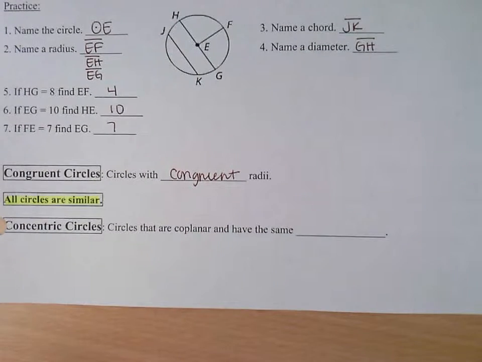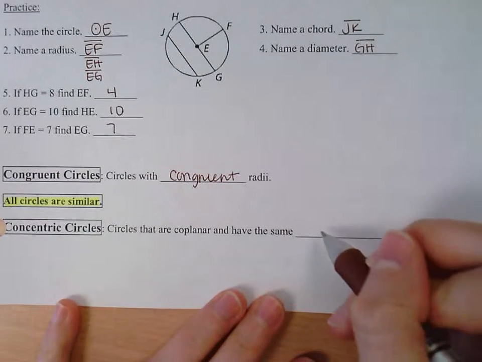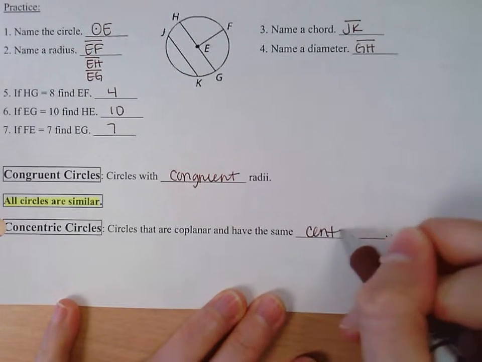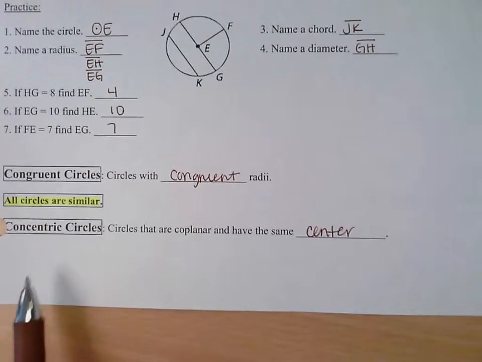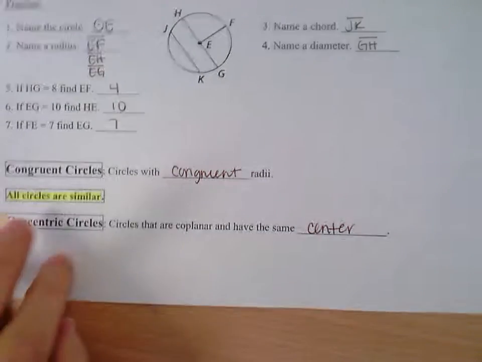And then concentric circles, these are circles that are coplanar, so they just have to be on the same plane, and they have the same center. So concentric means they have the same center. So think circles within other circles is how you would visualize that.